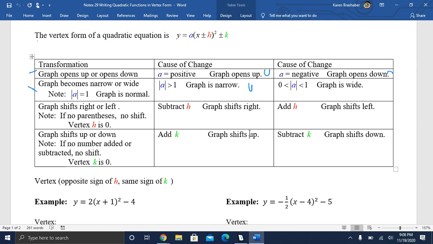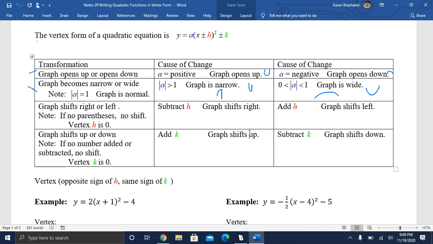Now, those are going to be fractions like 1/3, 1/2, 1/5, those types of things. Then you have a wide parabola. And remember that that could be wide opening down or up. Same thing on the narrow. Could be narrow opening down or up.